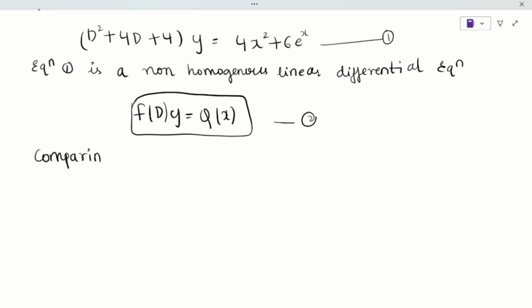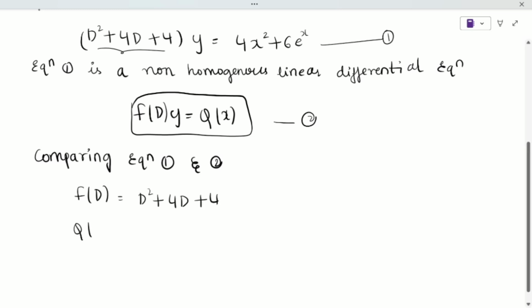I am taking this as equation 2. Then the third thing, I am comparing equation 1 and 2. Comparing, f of D equal to D square plus 4D plus 4 in the first equation, and q of x equal to 4x square plus 6e power x.